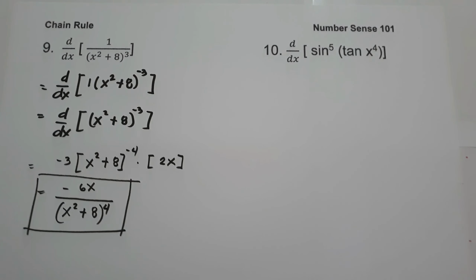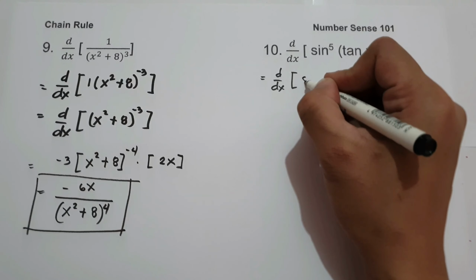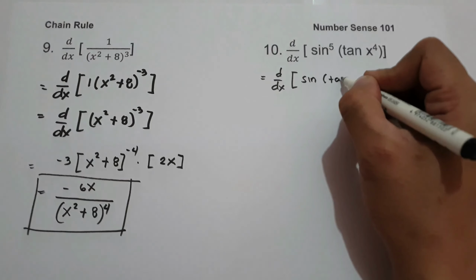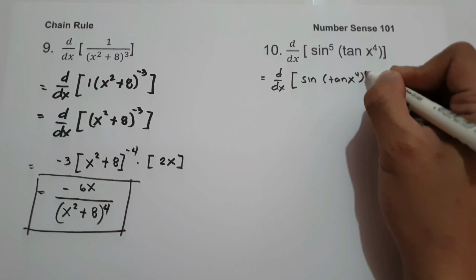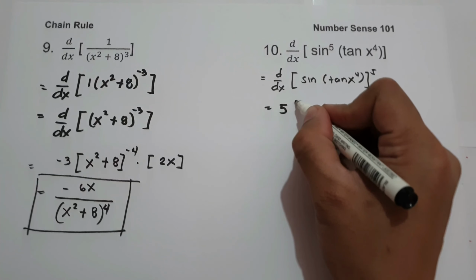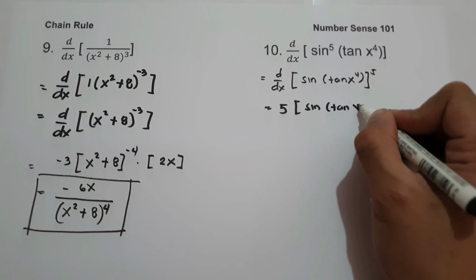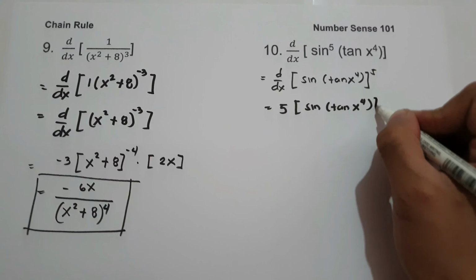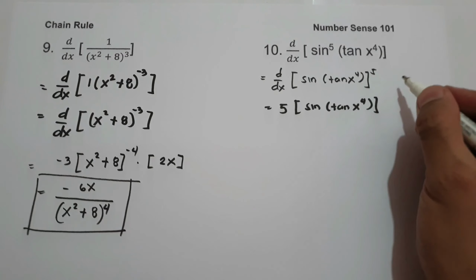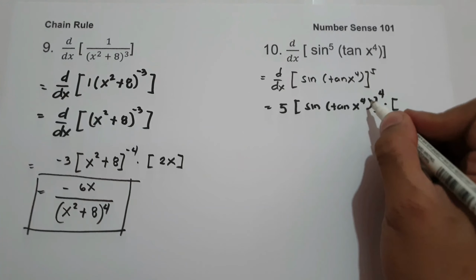On number 10, what is the derivative of sine raised to 5 tangent x raised to 4? So let us write this one as d over dx sine tangent x raised to 4 raised to 5. So let us have n, that is 5, and then u, that is sine tangent x raised to 4, and then 5 minus 1, that is 4, multiplied by the derivative of sine tangent x raised to 4.